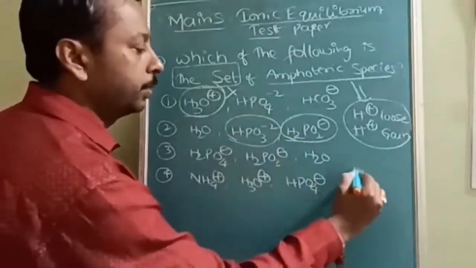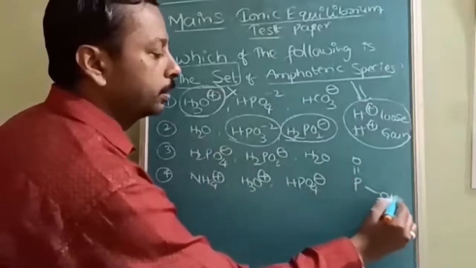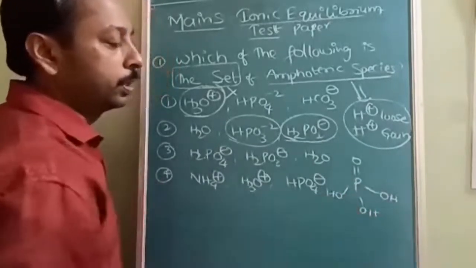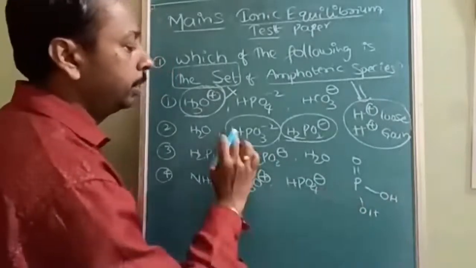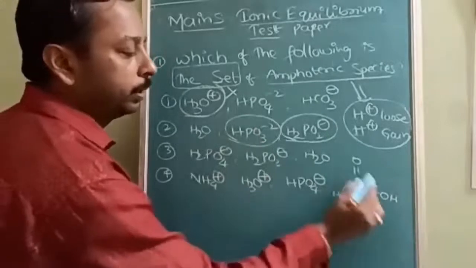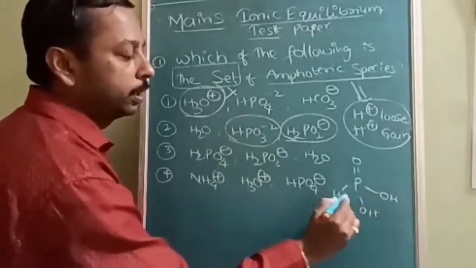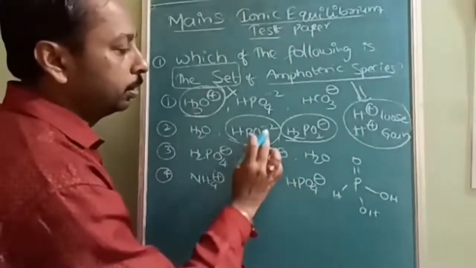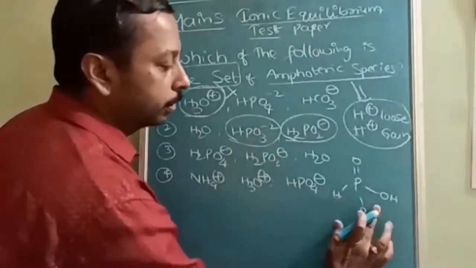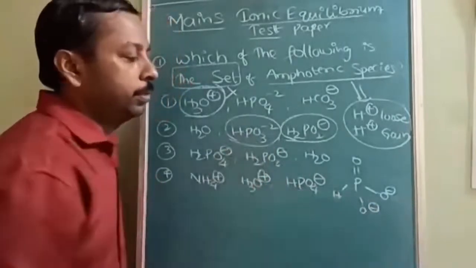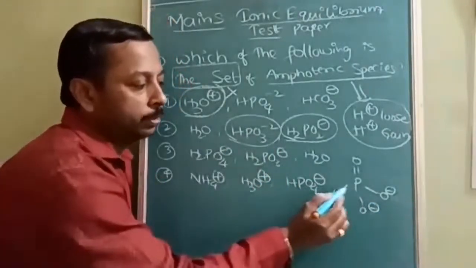I have explained this structure specially. See, this is the H3PO3 and H3PO4 structure. Here, in H3PO3, only three oxygens are there. This is the corresponding acid structure. Now remove two hydrogens. This is the structure of HPO3 2 minus.